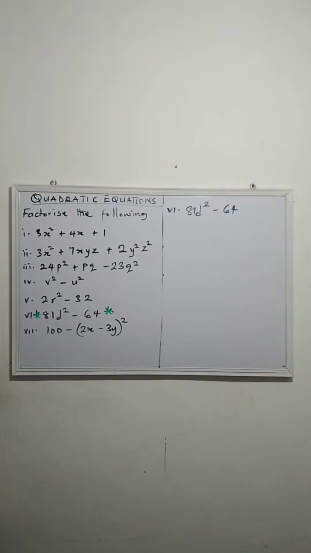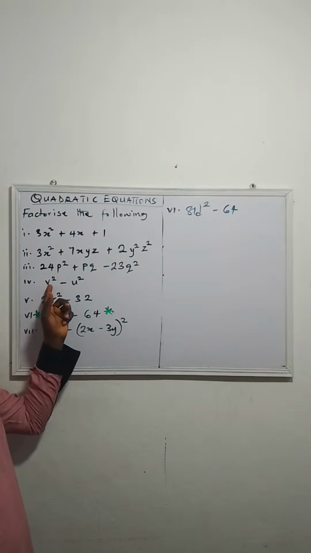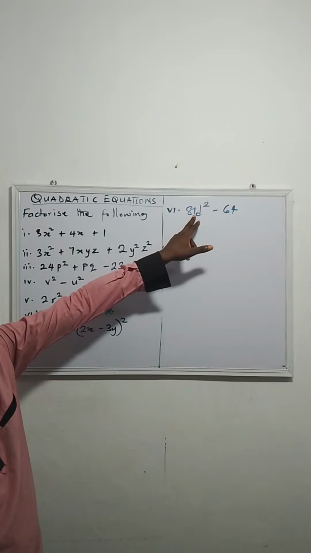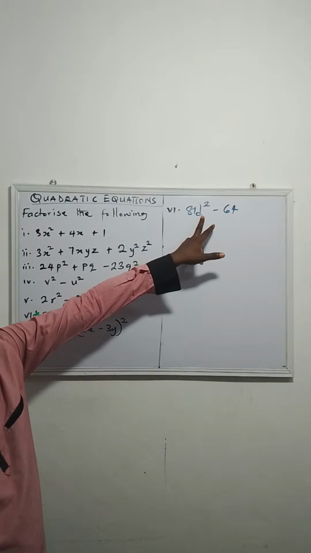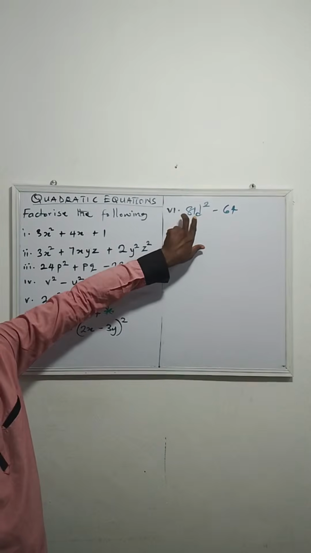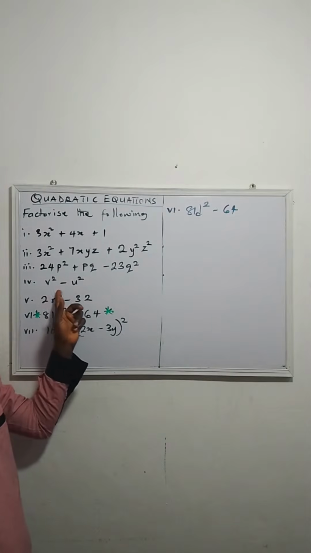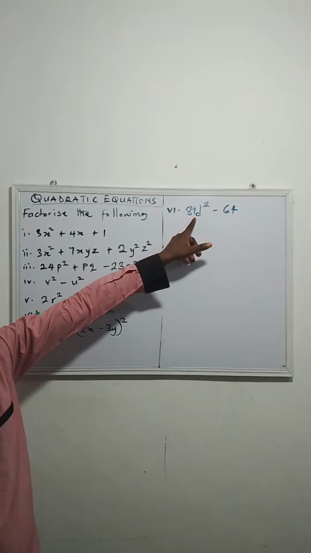Now, don't forget the difference of two squares. This one that we have here, we must have a single base and one power. Now we have coefficients to the square, so we have to adjust this such that it looks like the question that we solved here. Look at the coefficient of this square.